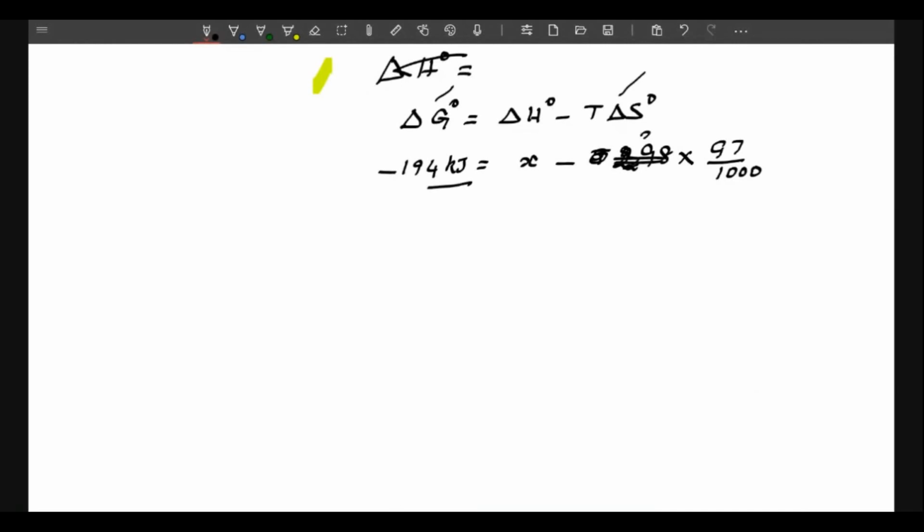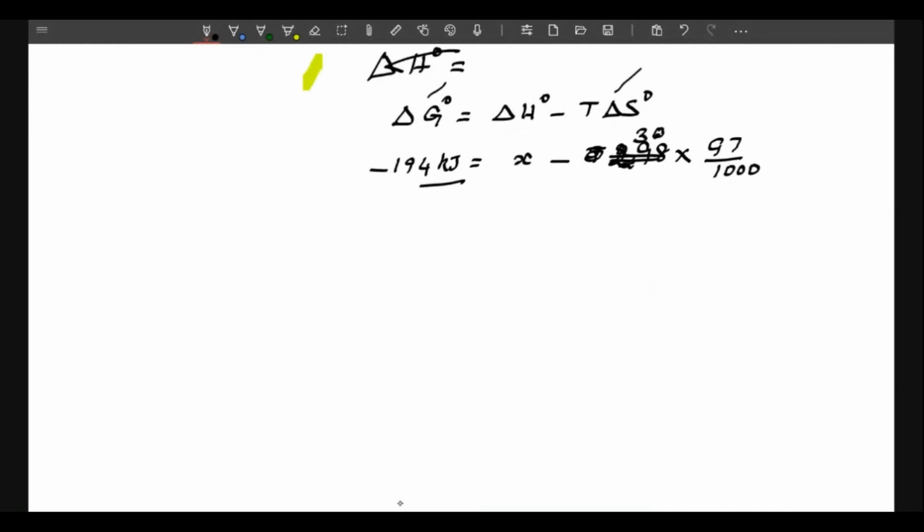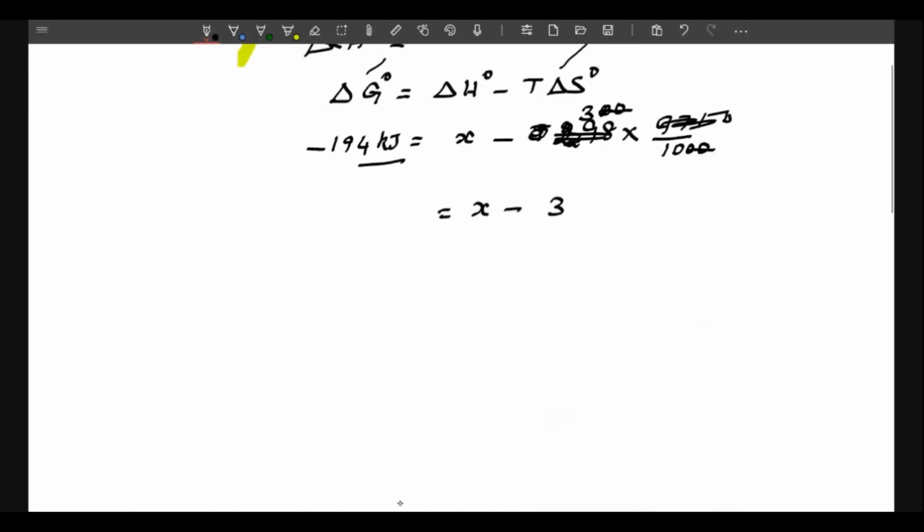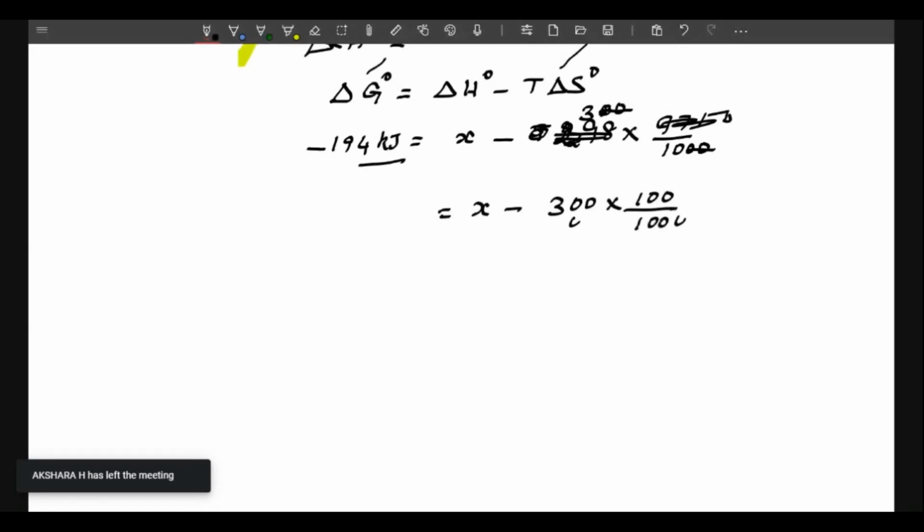The 298 can be simply converted into 300, and 97 may also be converted into 100, so 300 into 100 by 1000. This and this cancel, and this 30.